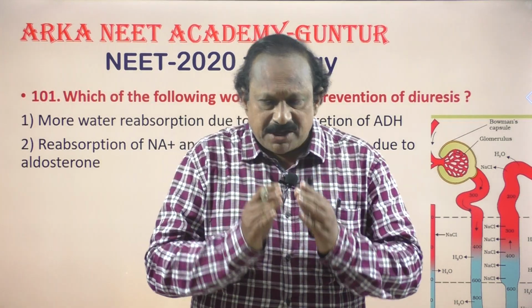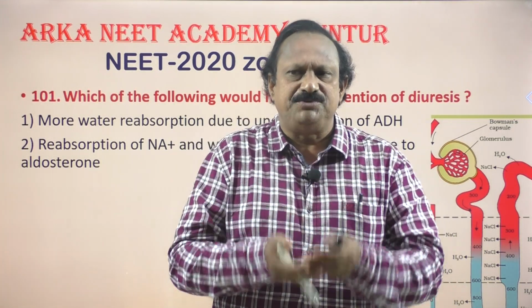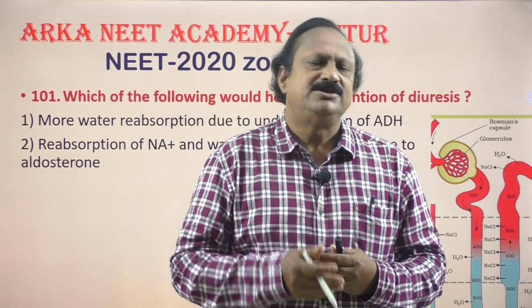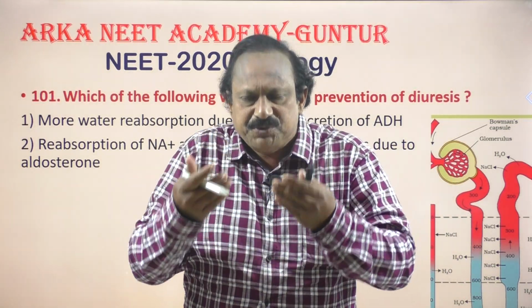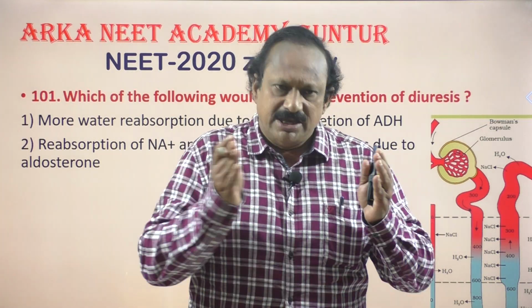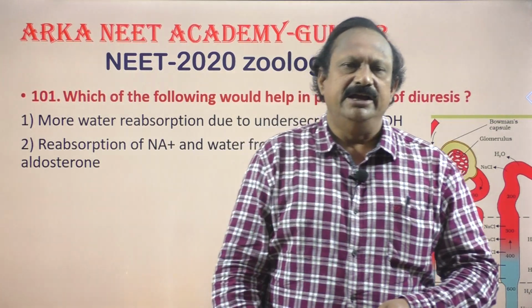Aldosterone is responsible for the absorption of sodium chloride. When salt is reabsorbed, automatically water is also reabsorbed along with salts. So indirectly aldosterone is responsible for the absorption of water. Hence aldosterone is also responsible in preventing the diuresis.